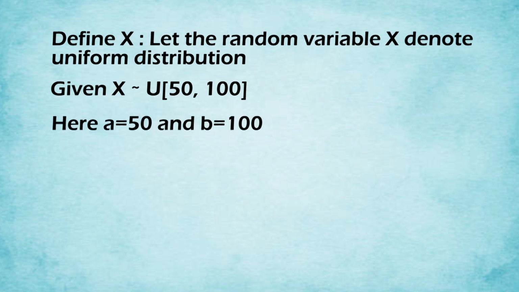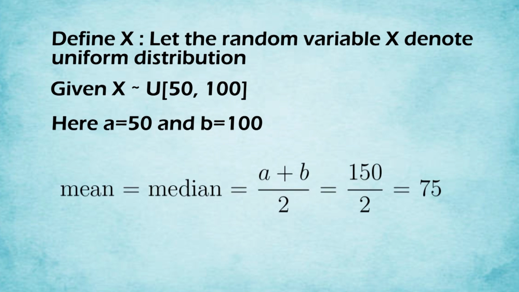Here a is equal to 50 and b is equal to 100. Then for a uniform distribution, mean is equal to median is equal to a plus b by 2, which is equal to 50 plus 100 divided by 2, which is equal to 75.